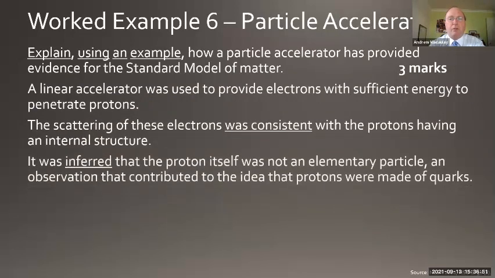A linear accelerator was used to provide electrons with sufficient energy to penetrate protons. The scattering of these electrons was consistent with the protons having an internal structure. It was then inferred that the proton itself was not an elementary particle, an observation that contributed to the idea that protons were made up of quarks.